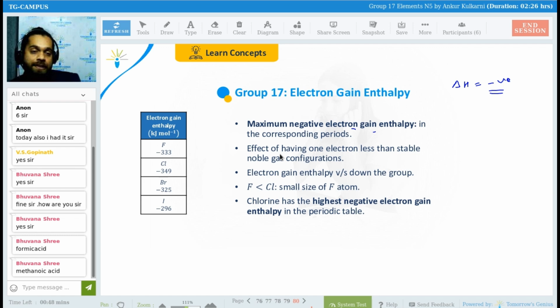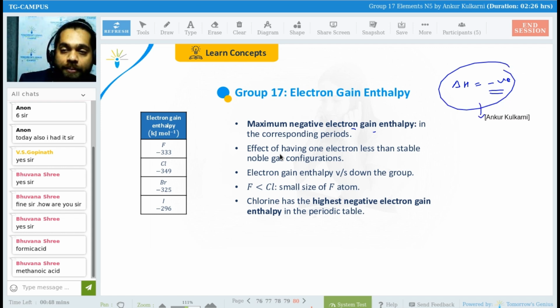When the enthalpy is negative, is it exothermic or is it endothermic? It is exothermic. Okay, that's why you can see whenever we add the electron, it is not easy to add. So all the electron gain enthalpy is exothermic.